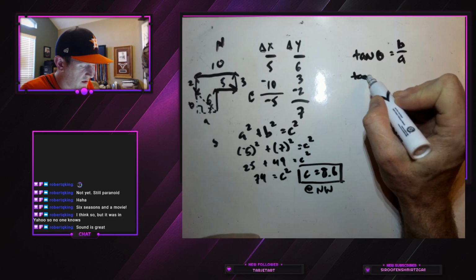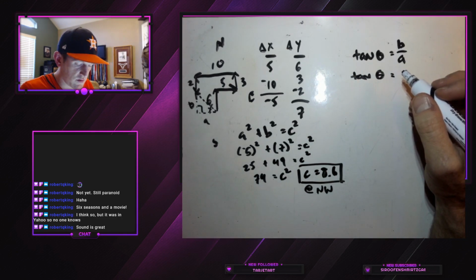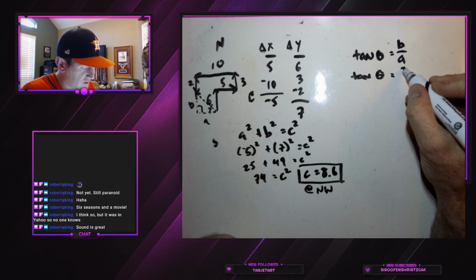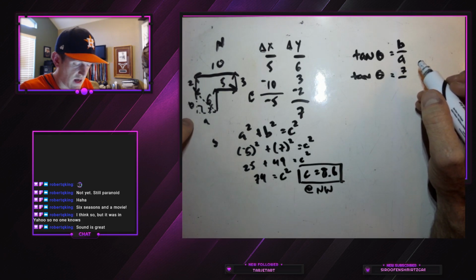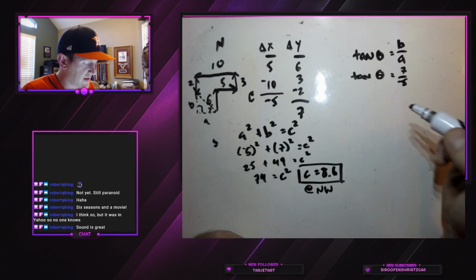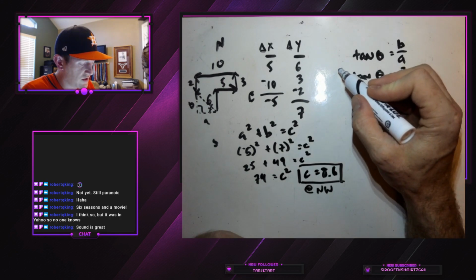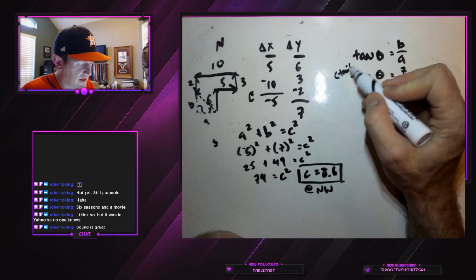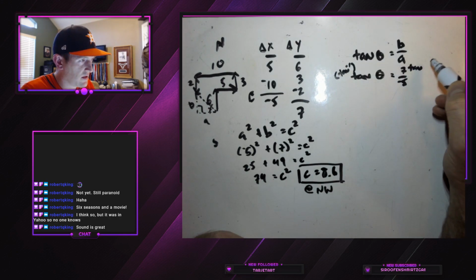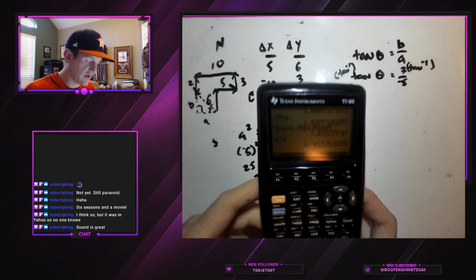So we can rewrite our equation as tangent of theta equals our B, which in this case was 7, over negative 5, because that's our delta x. Now that we have a ratio, we take the antitangent of both sides. We do tan negative 1 of 7 over negative 5.